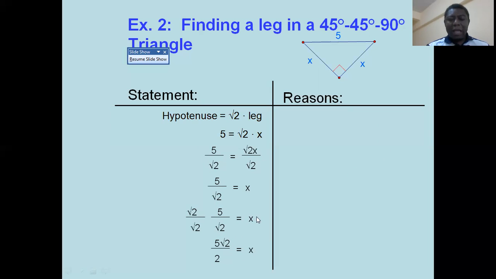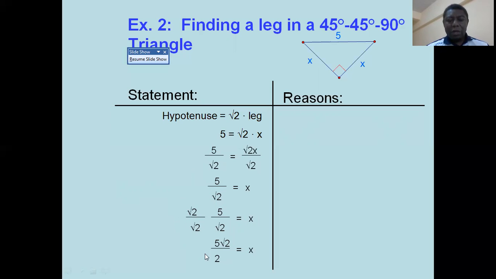This is not a proper fraction, because the square root of 2 is small. To try and make it a proper fraction, we will use surds. We multiply the up and the down by the square root of 2.